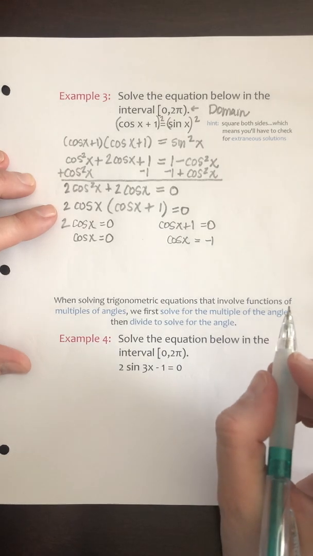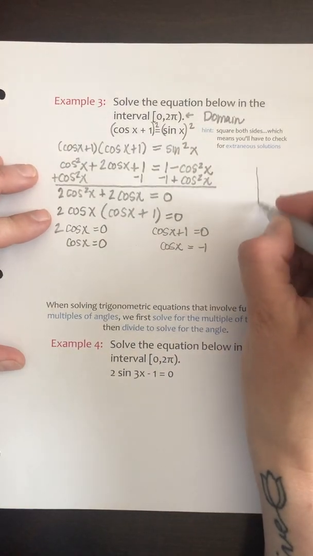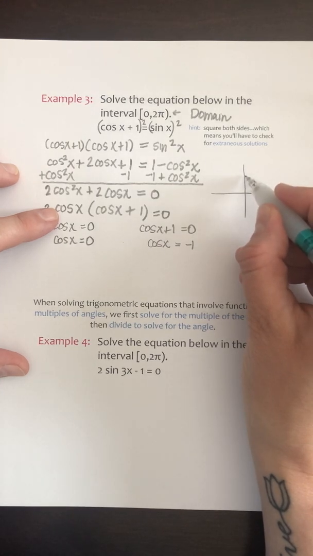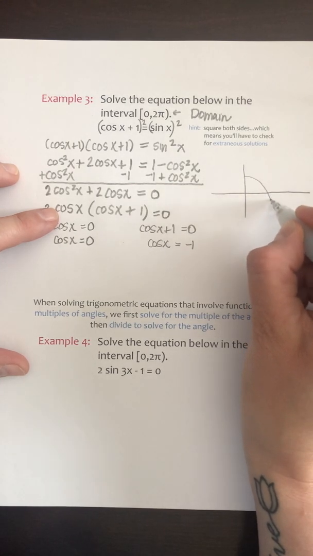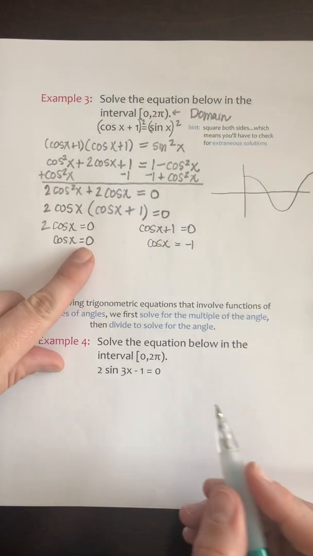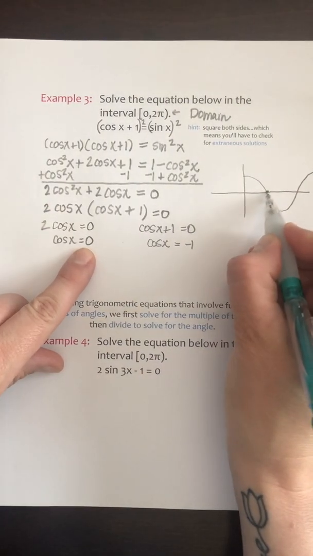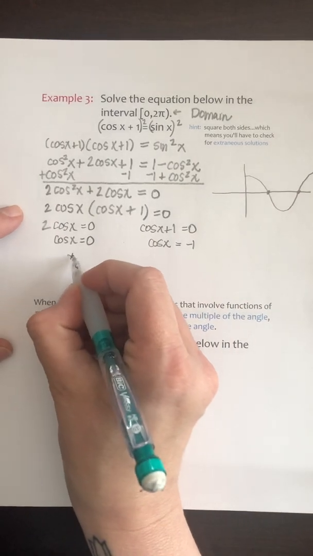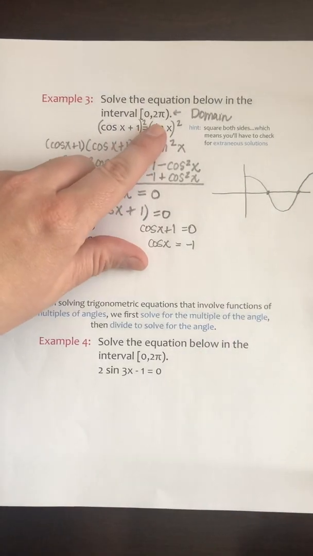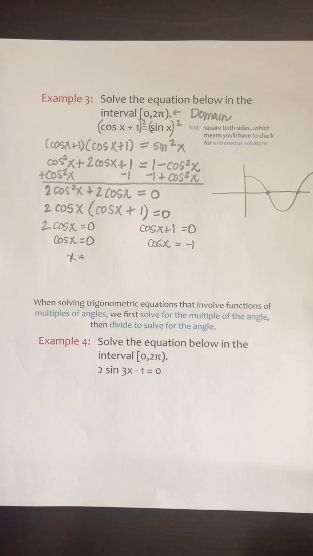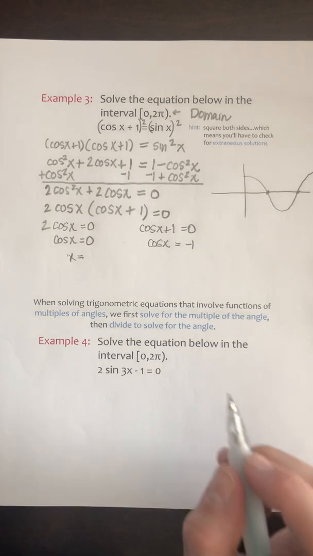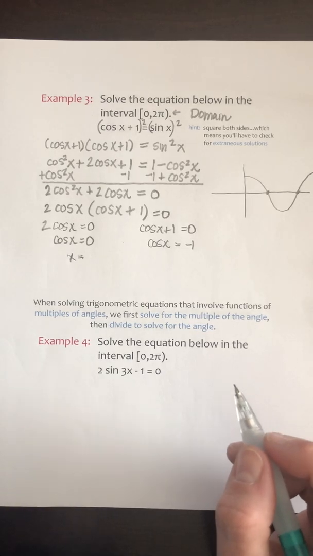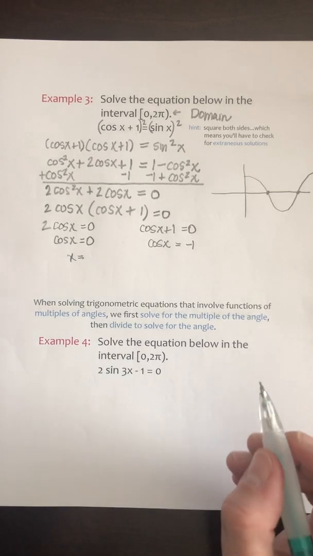All right, I think I'm gonna go back to cosine and remember what that looks like. So cosine is the valley. Let's talk about where it equals 0. It equals 0 right here, and it equals 0 right here. Now remember on this one, we have a very specific domain, so we will not add a pi k or a 2 pi k because we can only be from 0 to 2 pi.